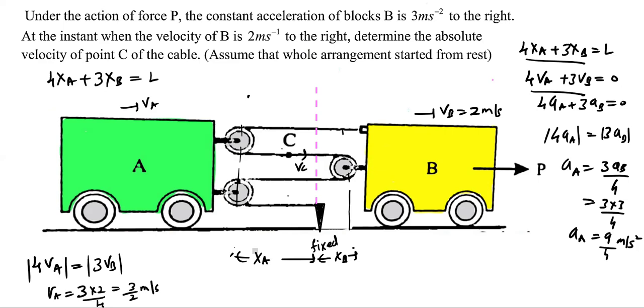Now we have to calculate the velocity of point C on the string. How can we calculate it? Again, we'll write the basic constraint equation. How to generate the constraint equation? This length of the string corresponds to XB.